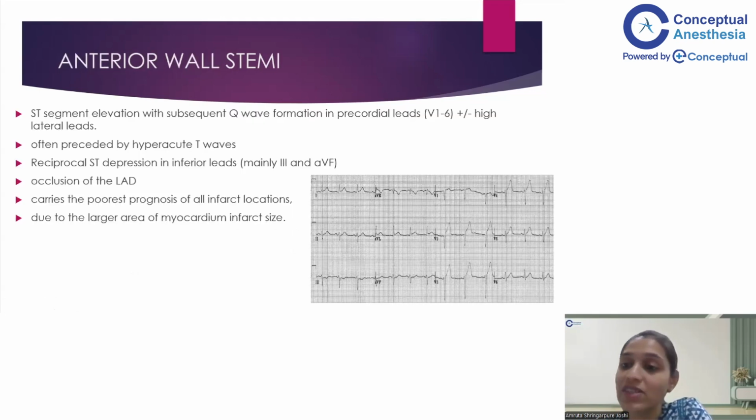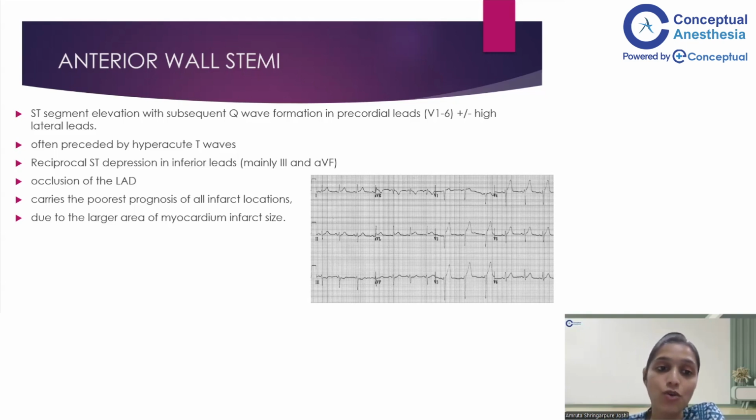Now when we say MI, we need to know which vessel is involved, because all vessels are not necessarily involved at the same time. Depending upon which coronary artery is involved, that wall of the heart is going to show the changes, because the blood flow to that part of the heart is going to be affected.